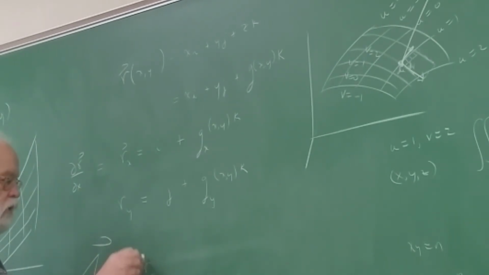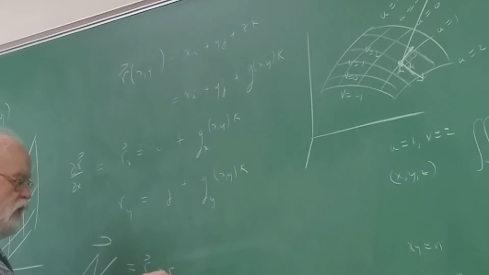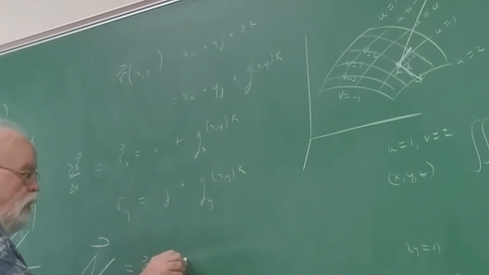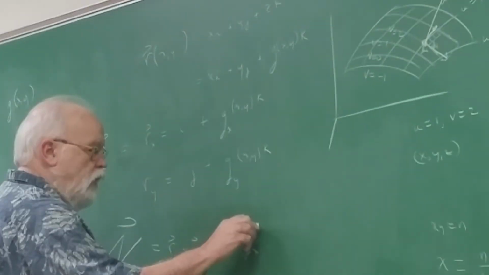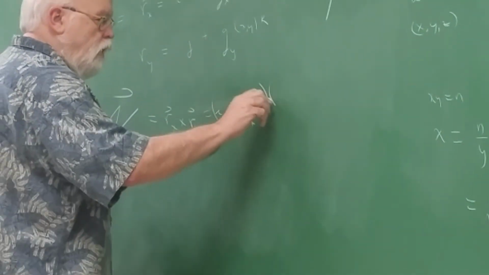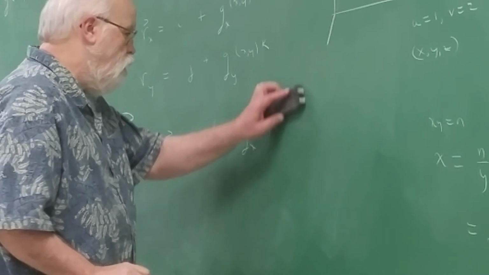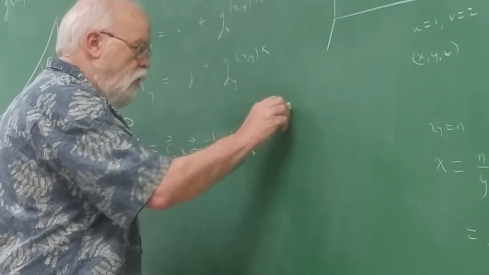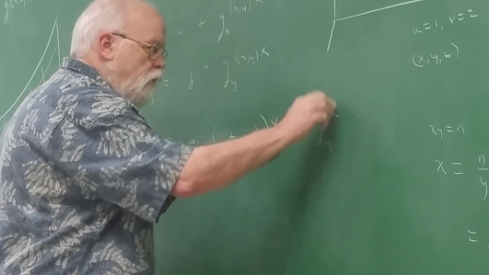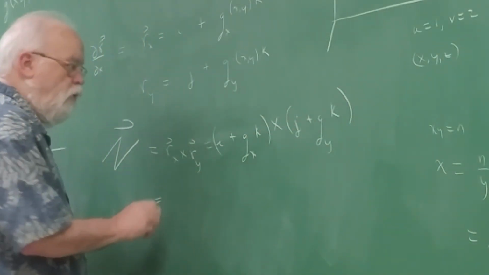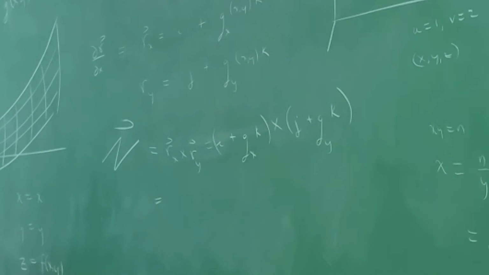So r sub x cross r sub y, here's part C, I guess. So i plus g sub x k crossed with j plus g sub y k. Ooh, binomial times binomial, we can use the FOIL method.